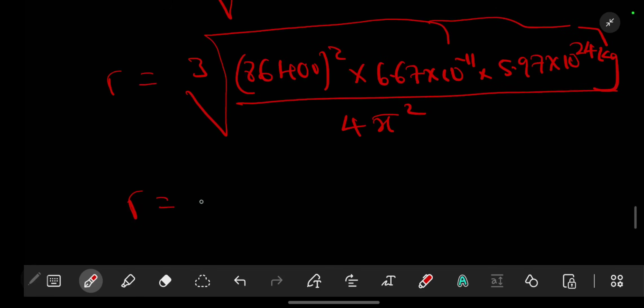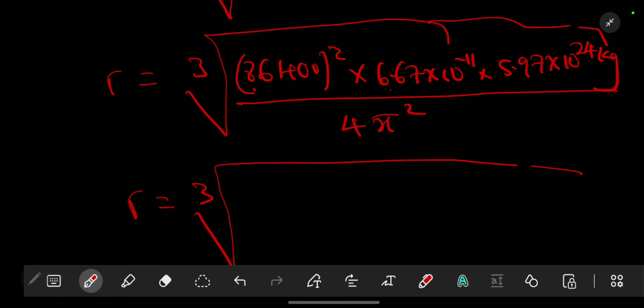When we square this, let's multiply everything. So make sure that everything is put in brackets. So 6.67 times 10 to the power of negative 11, like that, times the mass of the earth, 5.97 times 10 to the power of 24.